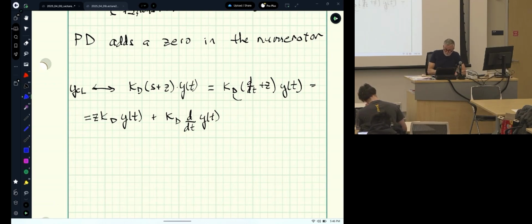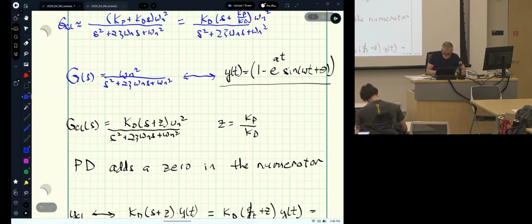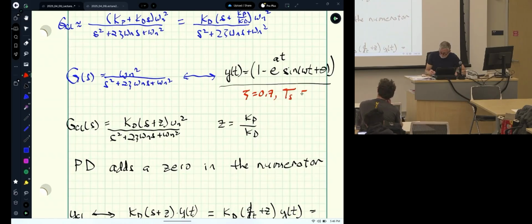And so y of t is the standard second order. So it's got zeta equals 0.7, omega n equals whatever we needed to, it has the settling time equals to 3. Okay?